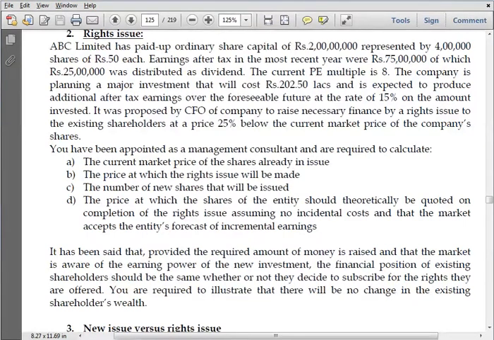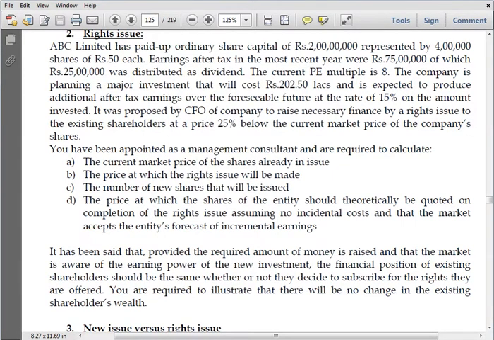It was proposed by the CFO to raise necessary finance by a rights issue at a price of 25% below the current market price. You have been appointed as a management consultant and are required to calculate the current market price, the price at which the rights issue will be made, the number of new shares that will be issued, and the price at which the shares of the entity should theoretically be quoted on completion of the rights issue.